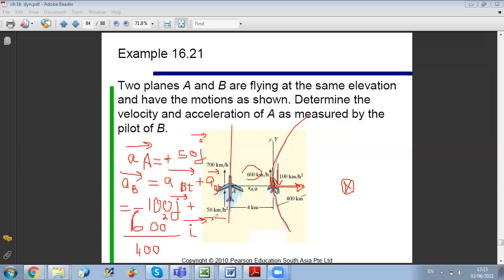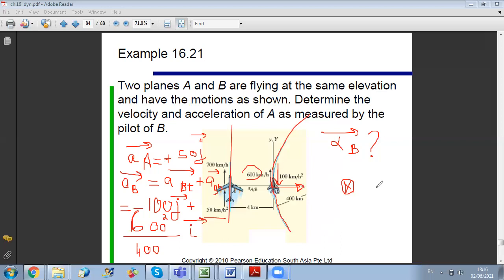We still need to find what is alpha. What is alpha B? How to get alpha B, do you think? AT over R. Yes, very good, very good.